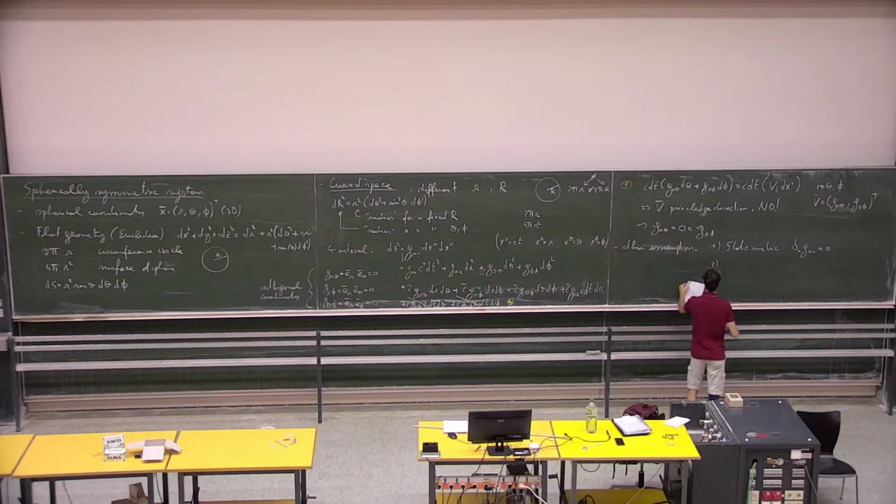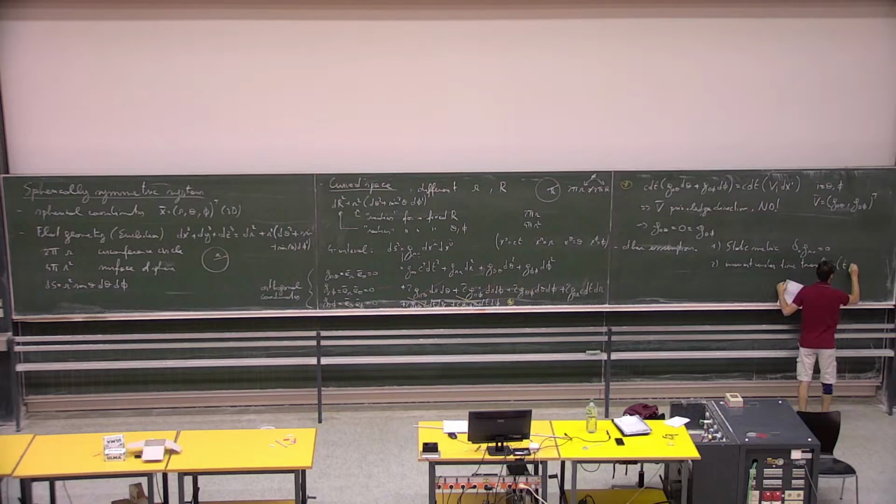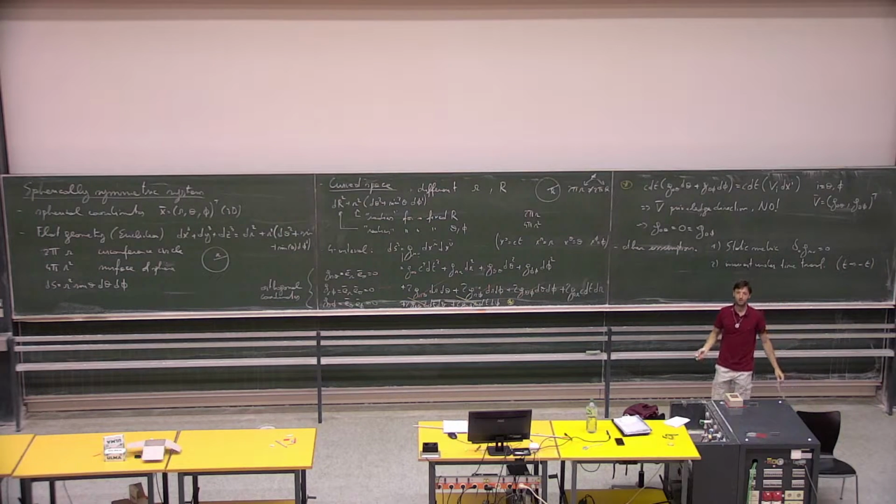And two, we want the metric to be invariant under time transformation. What does it mean? That if I do t to minus t, I shouldn't change anything. If the time is flowing in one direction or another, we don't care.